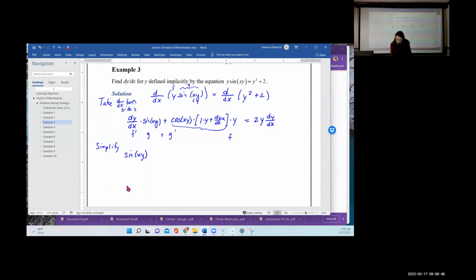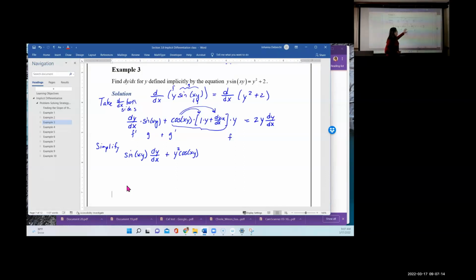So we have the sine of xy times dy dx for the first term, plus now we're going to distribute this cosine over the parentheses that are here. And remember that the y is a part of this as well. So we're going to have y cosine of xy distributed over the other y, which gives us y squared. So we have y squared cosine of xy.